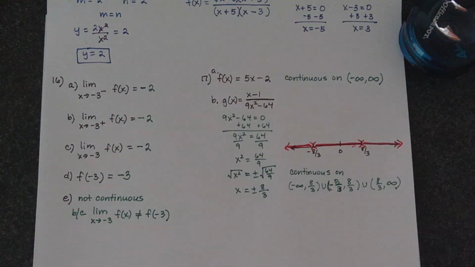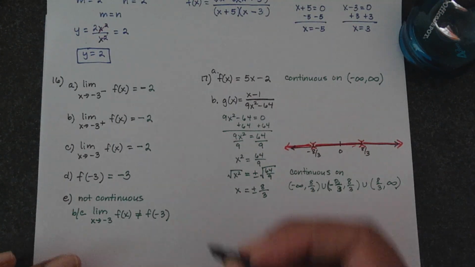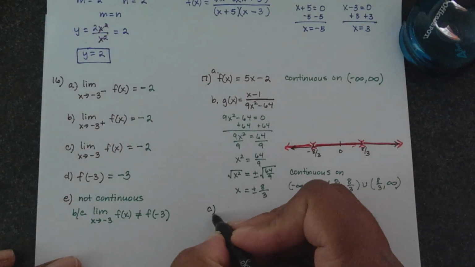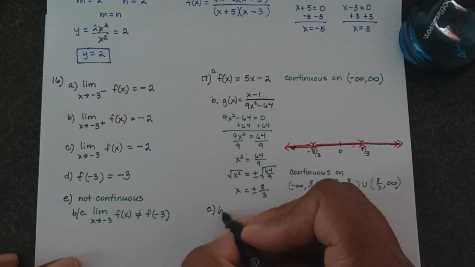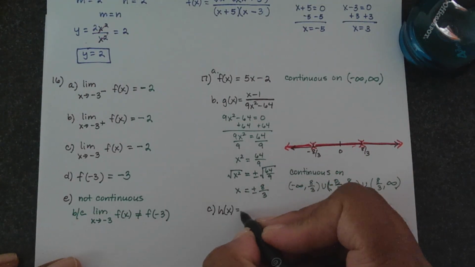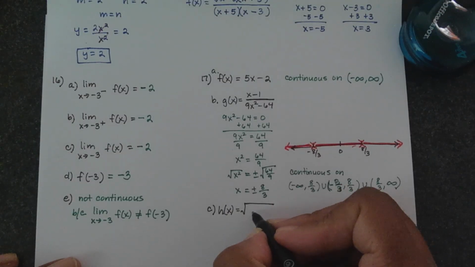Okay. Are there any questions about part B? No. Okay. Part C is h of x equaling the square root of x minus 2.